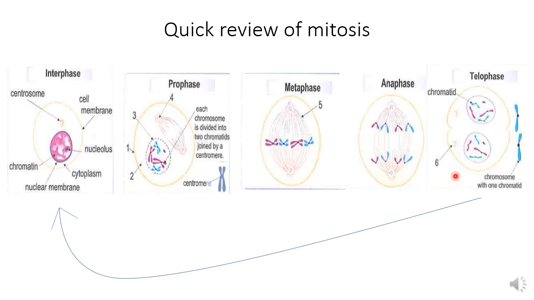What happens to these 2 daughter cells now? Yes, every daughter cell undergoes a new interphase, a new growth phase, so it can again divide more and more until we get a large number of cells.